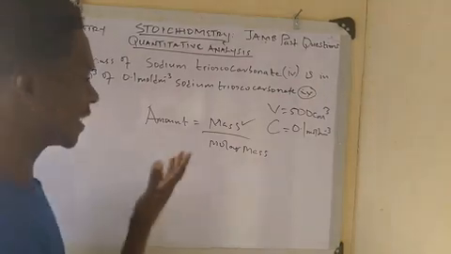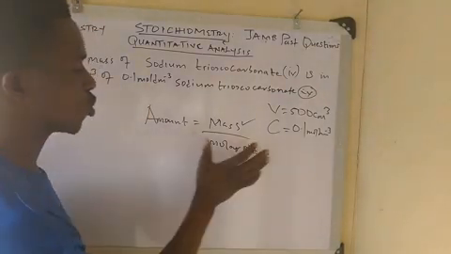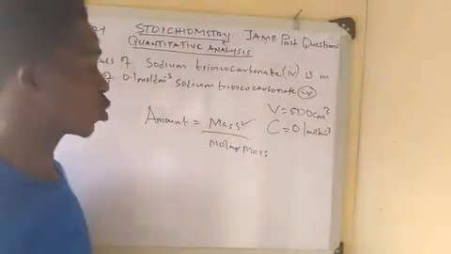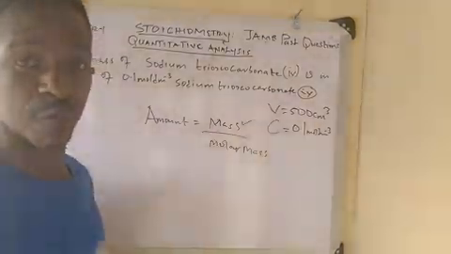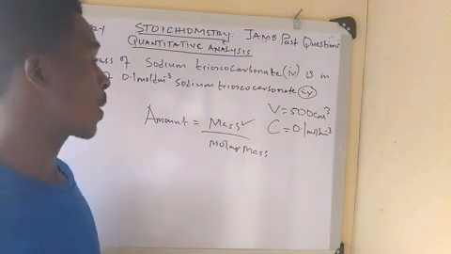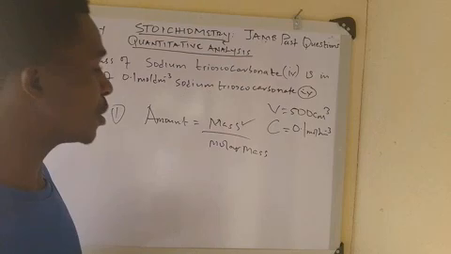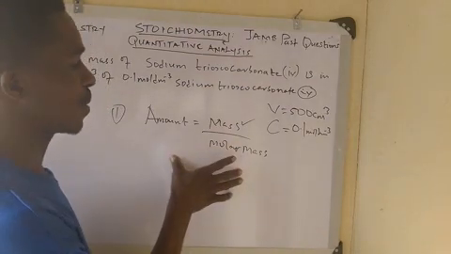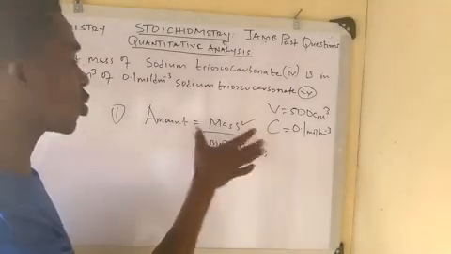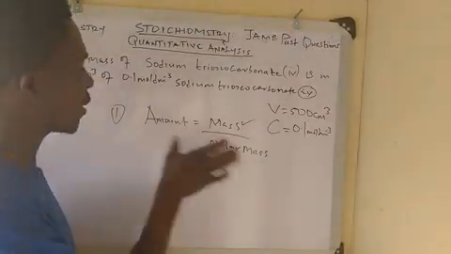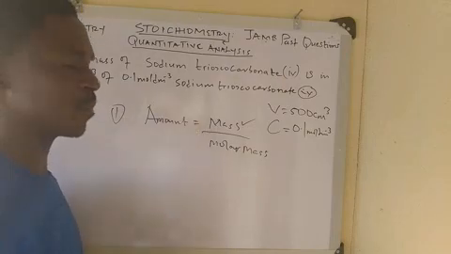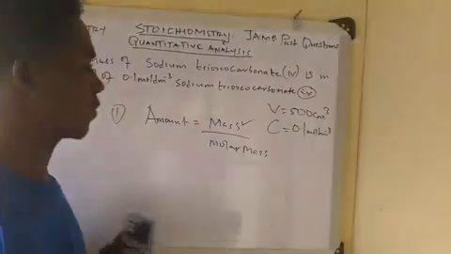So what we need here is our amount to calculate the mass. So how do we get our amount? If you remember the formulas I gave under the mole concept, this is the number 1 formula. So it means we will use this formula to get mass, but we cannot use it to get amount. So what formula are we going to use to get our amount?